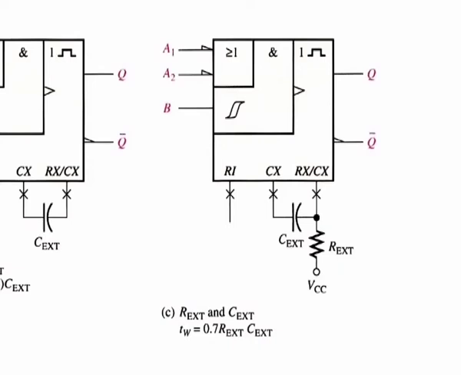The output pulse width is set by the value of the resistor and the capacitor according to the following formula. TW is equal to 0.7 R C external, where R is either R internal or R external. When R is in kilo ohms and C external is in picofarads, the output pulse width TW is in nanoseconds.